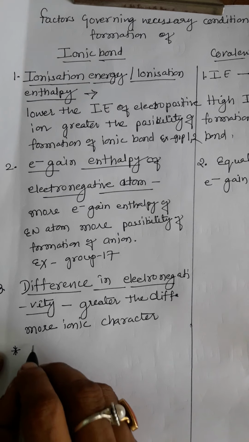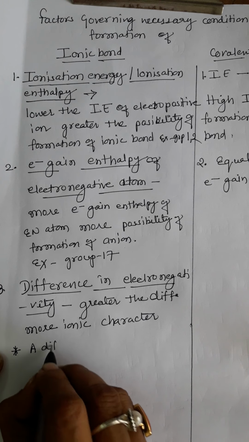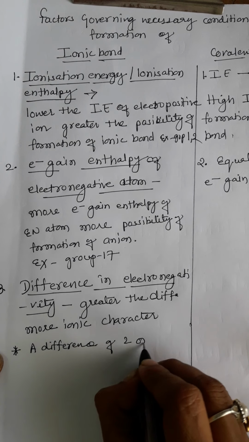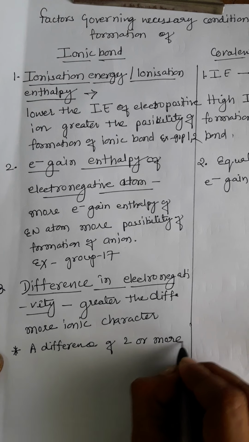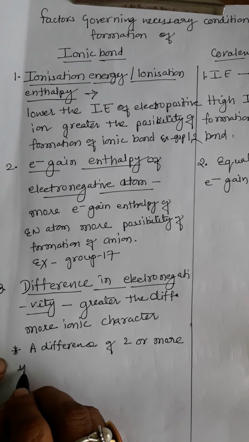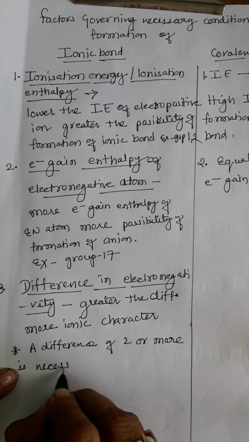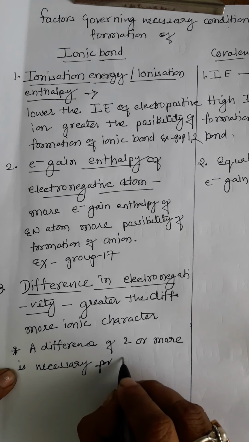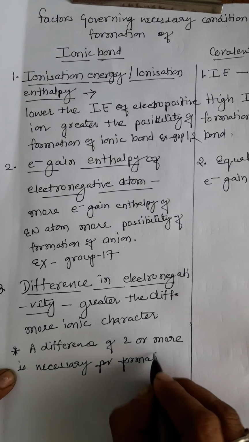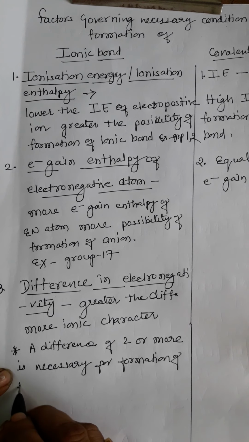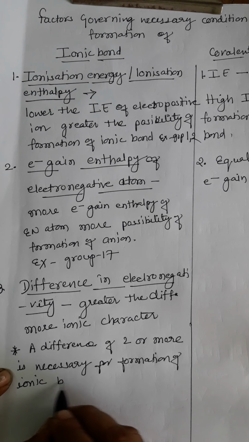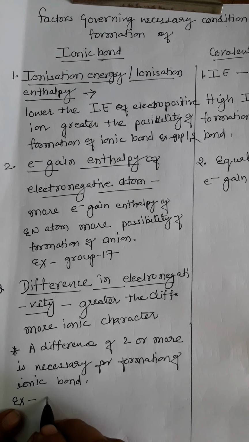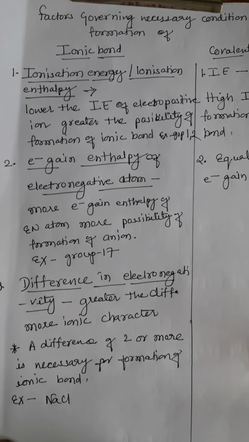Here it is important to know a difference of 2 or more is necessary for formation of ionic bond. Take an example of formation of sodium chloride.